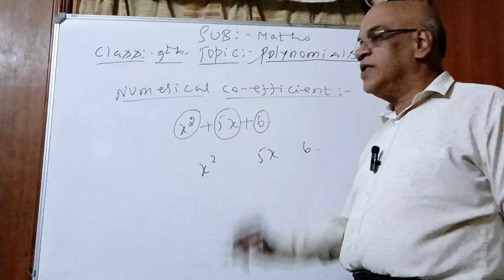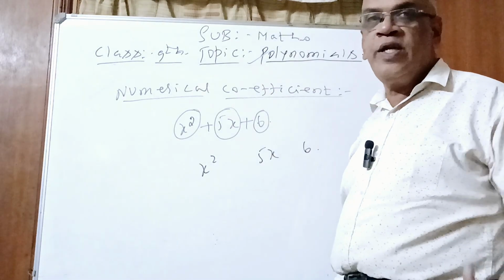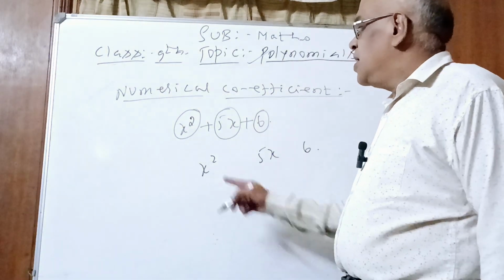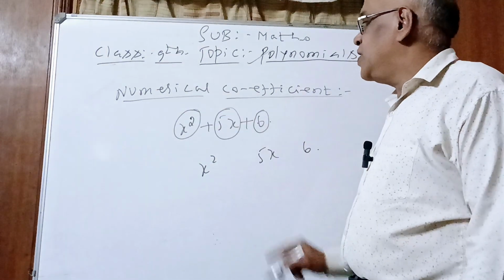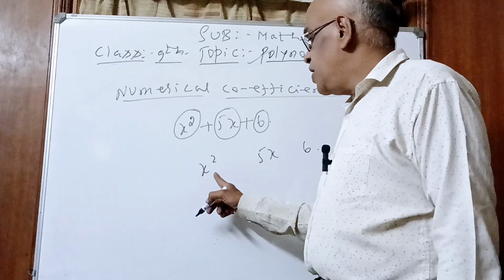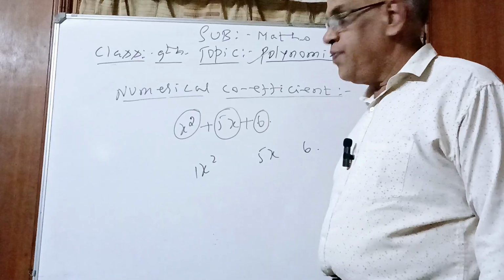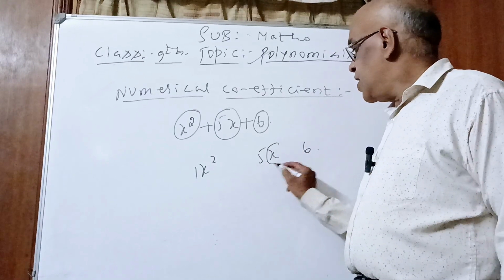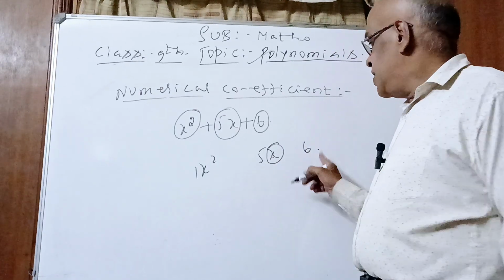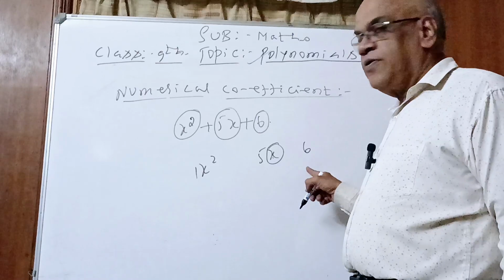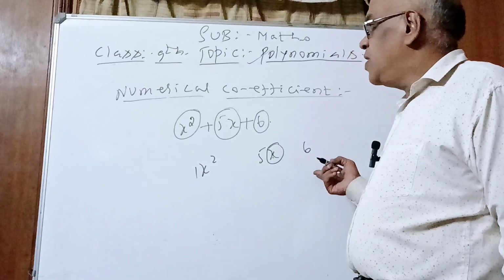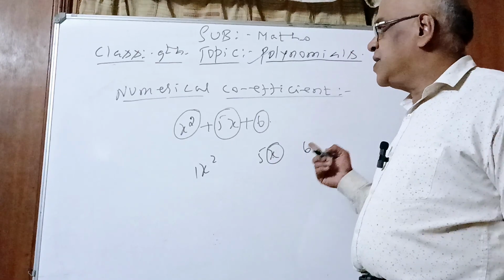Now, each term, x square, 5x, 6, has some numbers associated with it. These are numerals, numbers. It's called the numerical coefficient. What is the coefficient of x square here? No number means 1. The numerical coefficient is 1. What is the numerical coefficient of x? 5. Here 6 itself is a constant; there is no variable in 6.